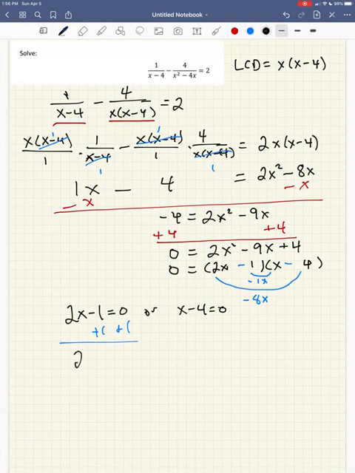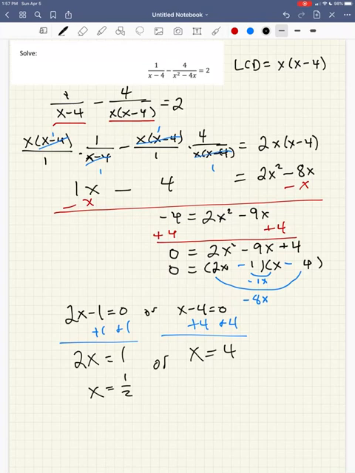That gives me 2x equals 1, and if I divide, I get x equals 1/2. Over here, I'm just going to add 4. So that gives me x equals 4. And both of those are possible solutions.